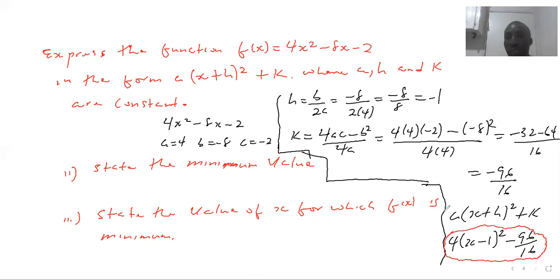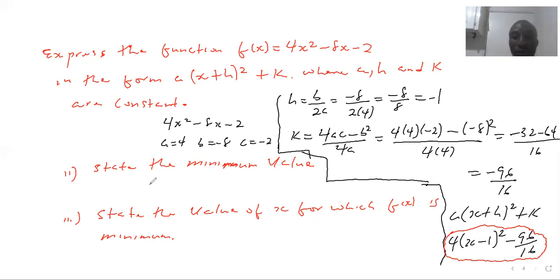Now, I need you to pay attention to what is going to happen now. The next question they ask is to state the minimum value. How do you state the minimum value? Whatever value you get for k is your minimum or maximum value. In this case, they were asking for the minimum value, so your minimum value is going to be negative 96 over 16.